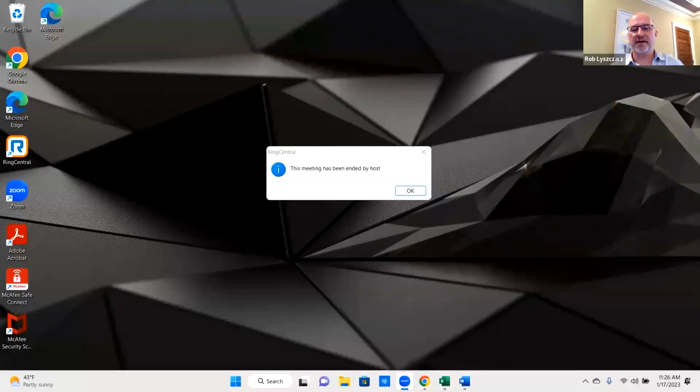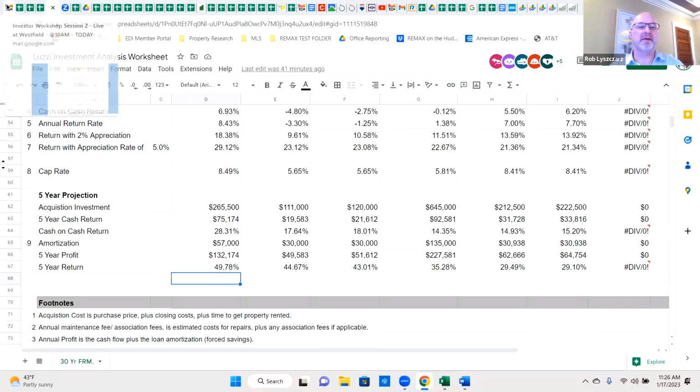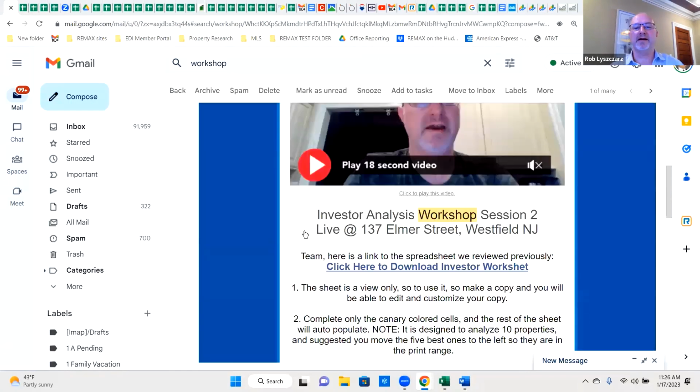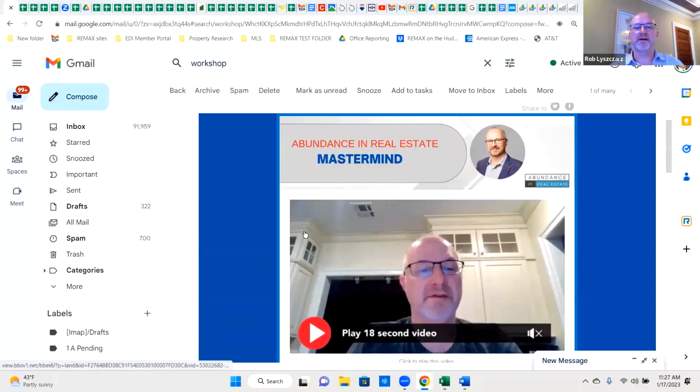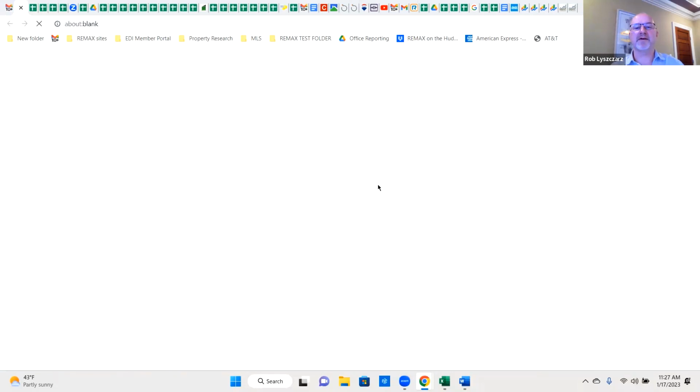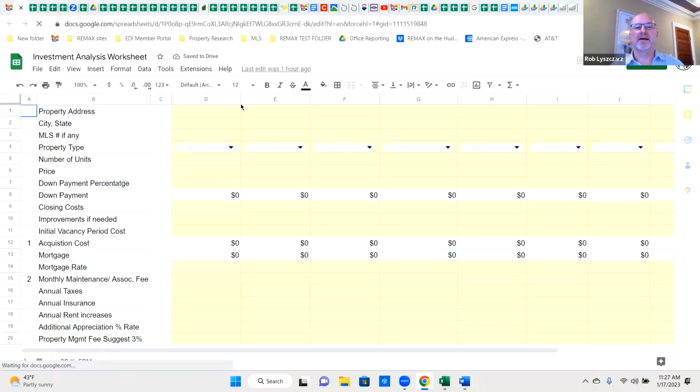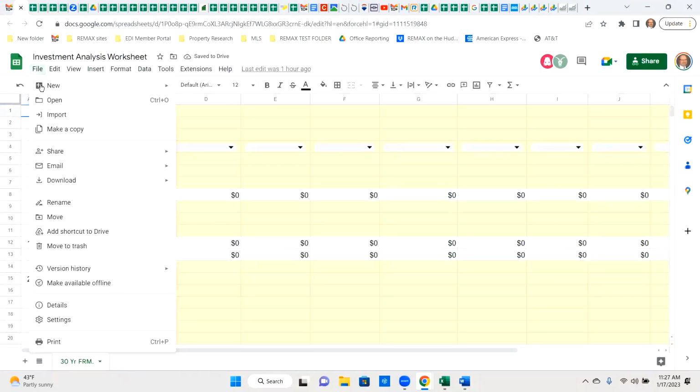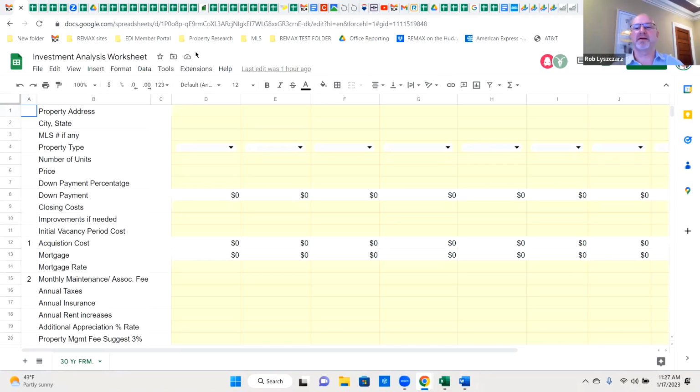Nobody get freaked out, I have a lot of tabs open on my computer. In the bomb email that you got, if you click here, you can download the investor workshop. Then you're going to have to make a copy of it like this so that you can use it, because the one that you open is going to be restricted. Got it. Thank you so much.